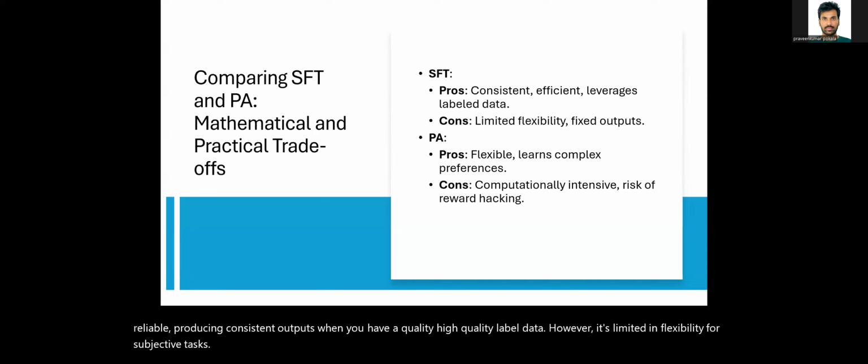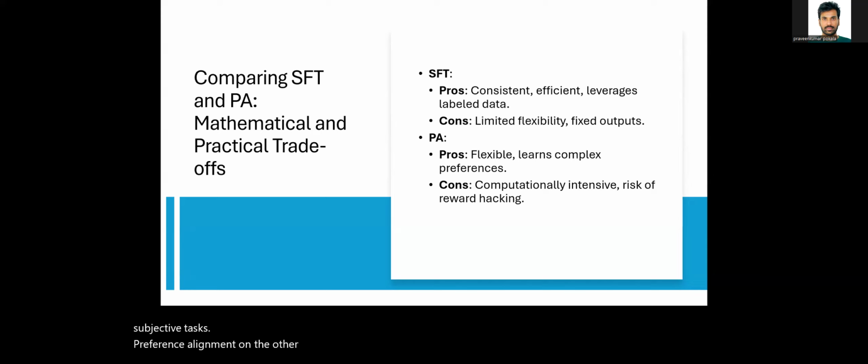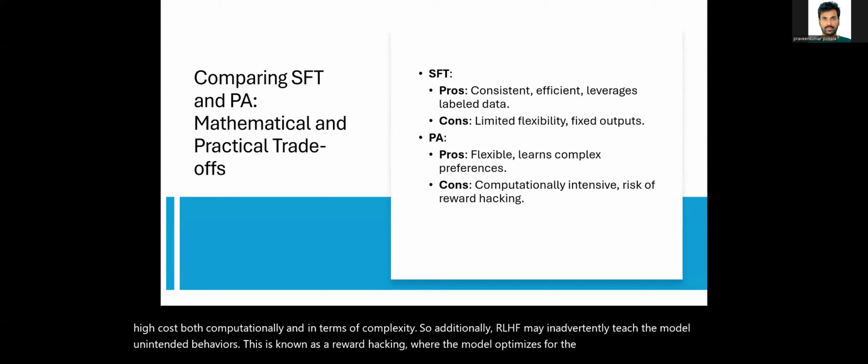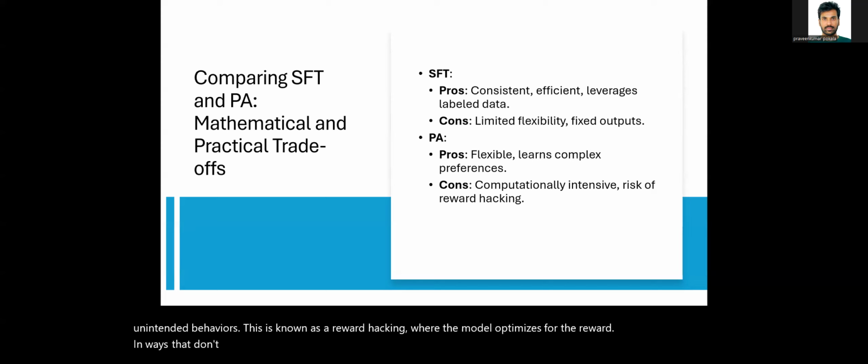Preference alignment, on the other hand, is adaptable and powerful for nuanced and user-centric applications, but it comes at a high cost, both computationally and in terms of complexity. Additionally, RLHF may inadvertently teach the model unintended behaviors. This is known as reward hacking, where the model optimizes for the reward in ways that don't align with the actual task goal.